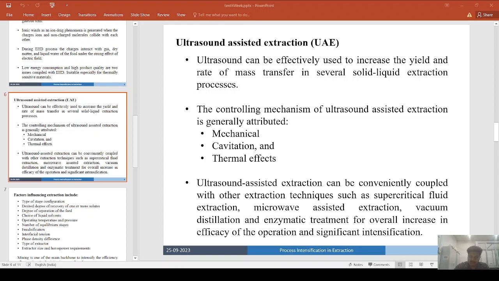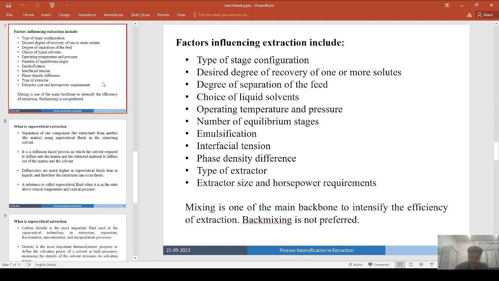Now let us discuss what are the factors that influence the extraction process.